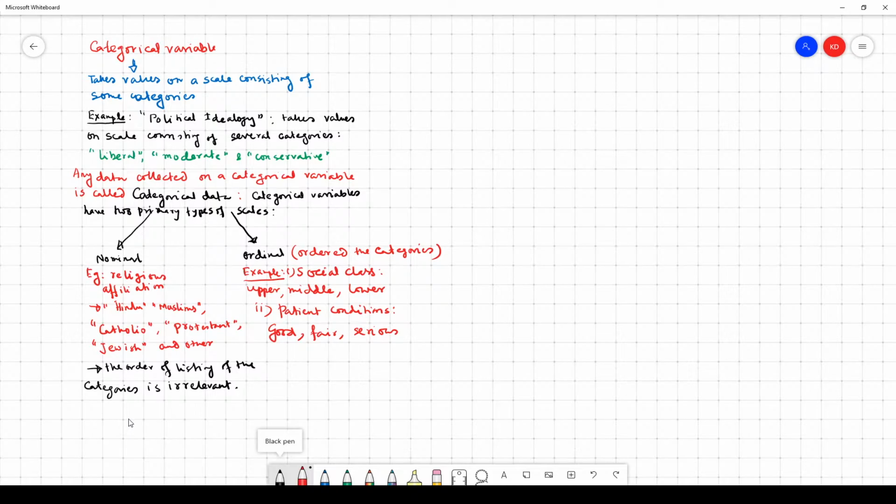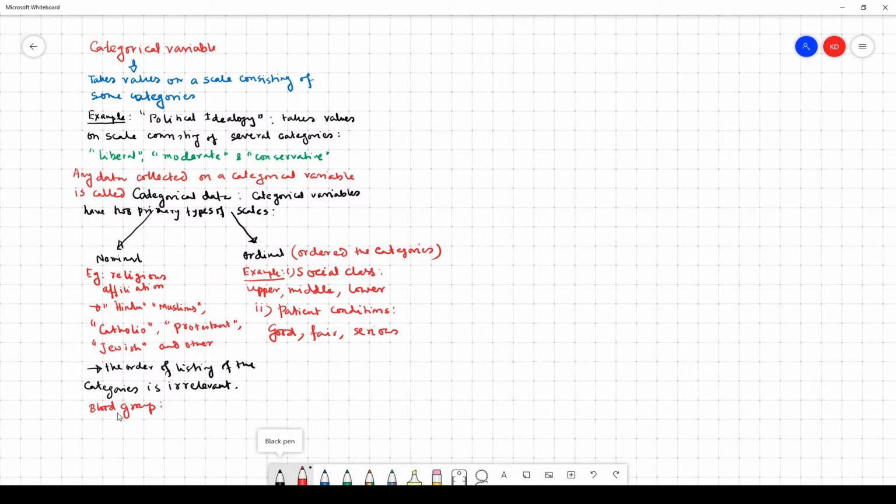Pritam gives the example blood group, which is nominal. Good. Another example, caste.